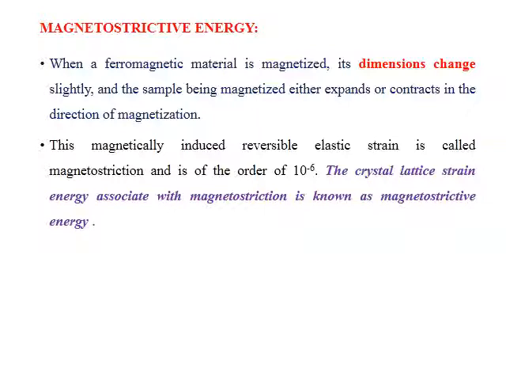And finally the magnetostrictive energy is the energy lost due to the magnetostriction effect. These four energies should be considered properly to achieve proper magnetization in a particular material. So this is a theory to understand the ferromagnetic property of the magnetic material.